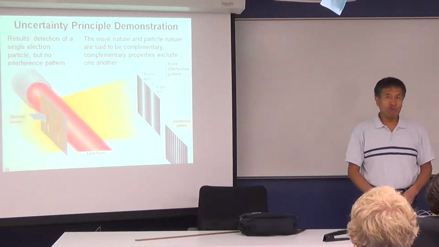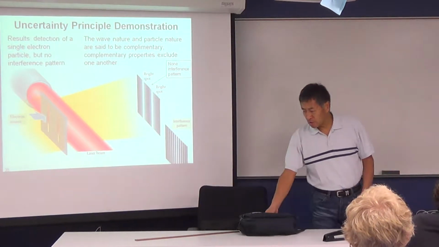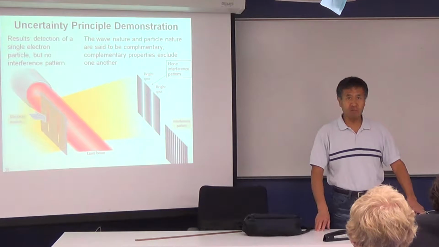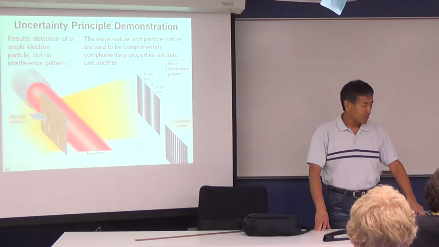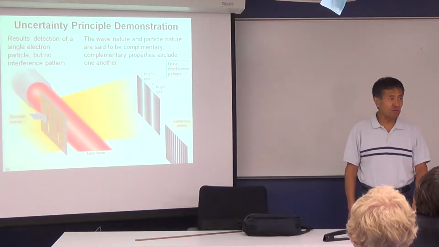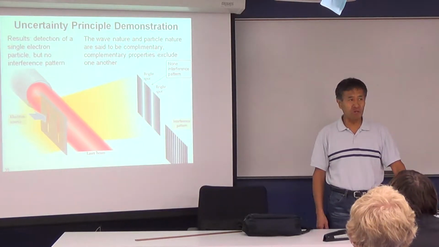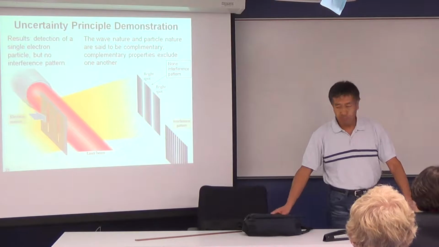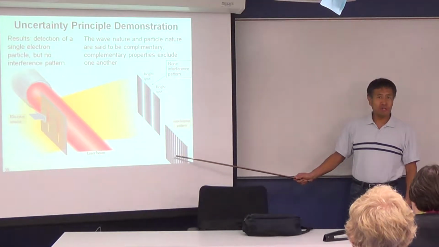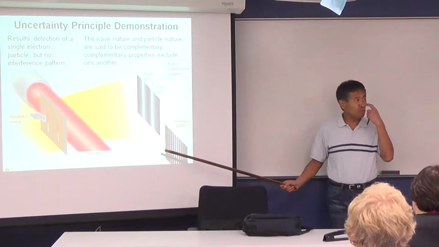One type of experiment first performed in the 1930s was trying to see the interference pattern of electron beams. An interference pattern like this is the typical behavior of waves.